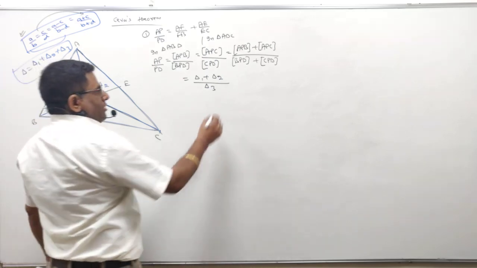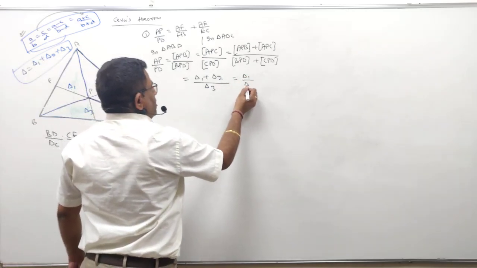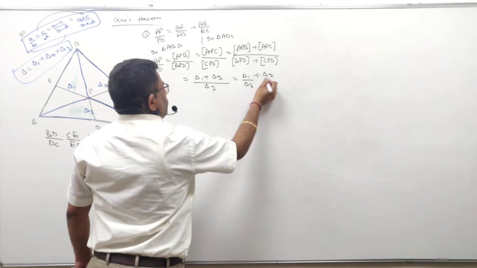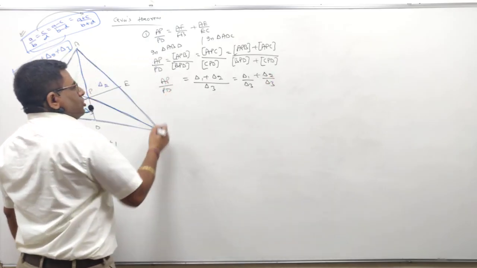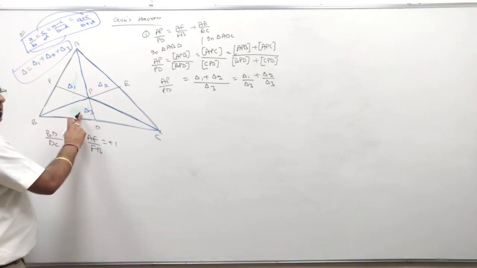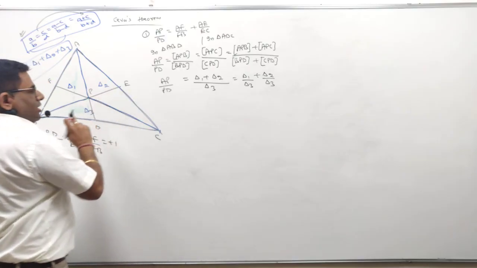Clear? Now we can write this as delta 1 by delta 3 plus delta 2 by delta 3. That is, AP upon PD comes out to be equal to delta 1 by delta 3 plus delta 2 by delta 3.